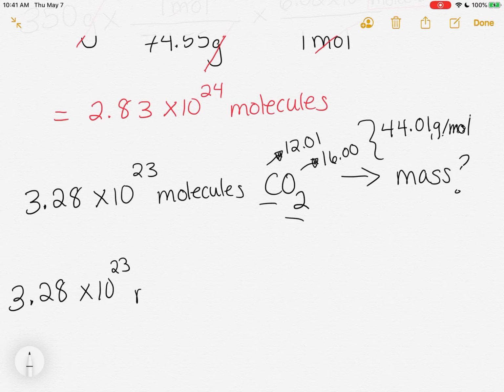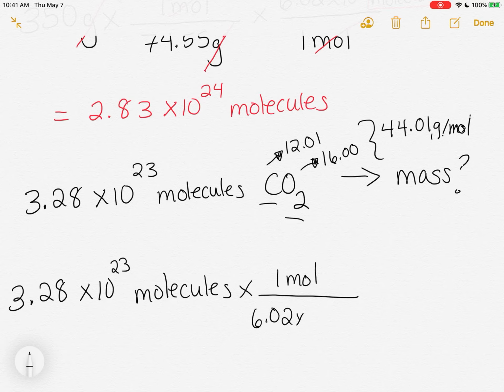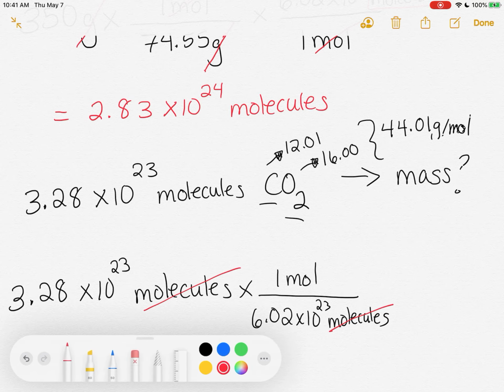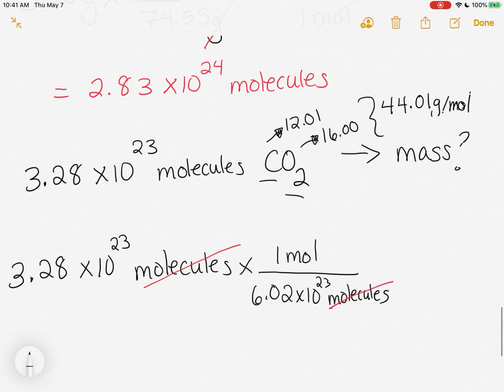So we're going to start with this 3.28 times 10 to the 23 molecules. And we're going to multiply by a conversion factor to get rid of molecules. So that means 1 mole is 6.02 times 10 to the 23 molecules. Remember, we're putting molecules on the bottom because we want to get rid of molecules.